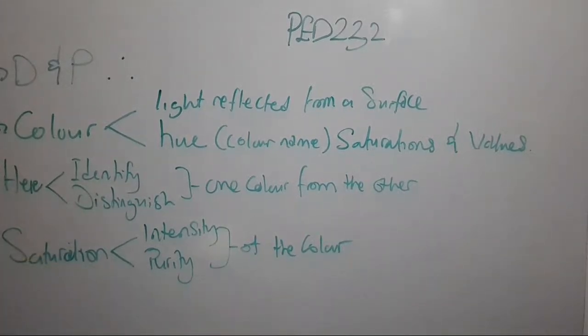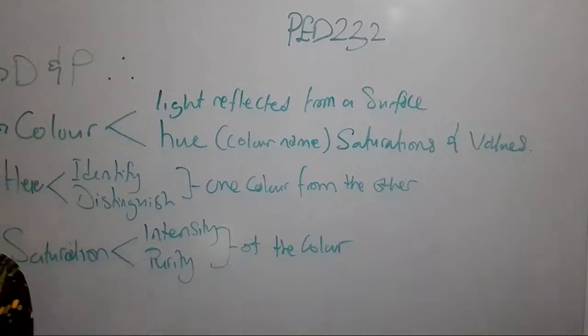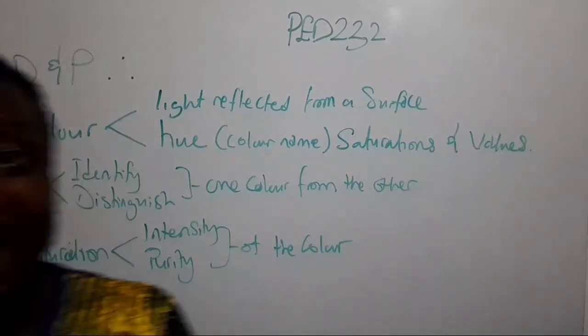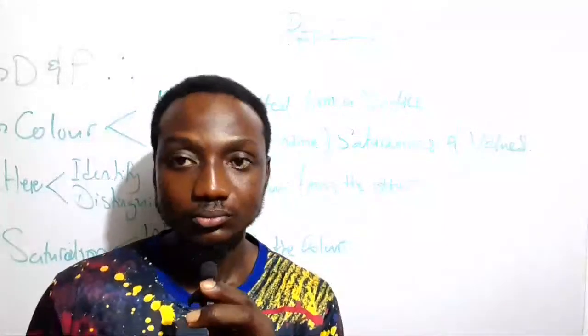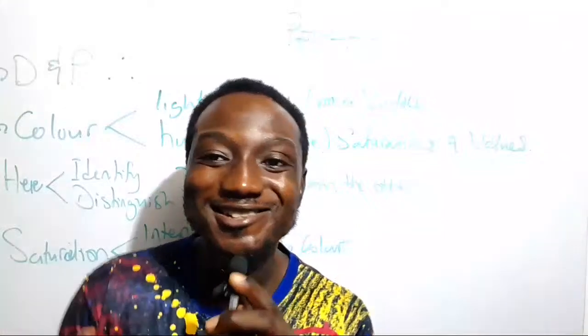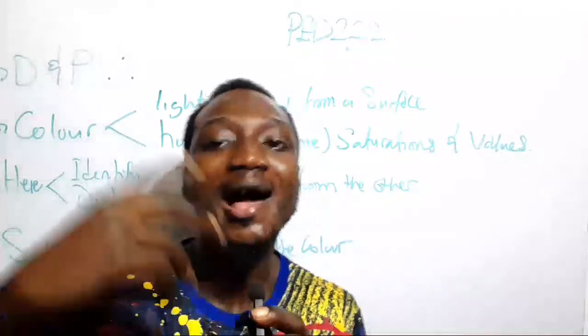It refers to the amount of black and white mixed with color, showing a gradient from darkest to lightest. Value still has to do with the description of intensity and color identification.